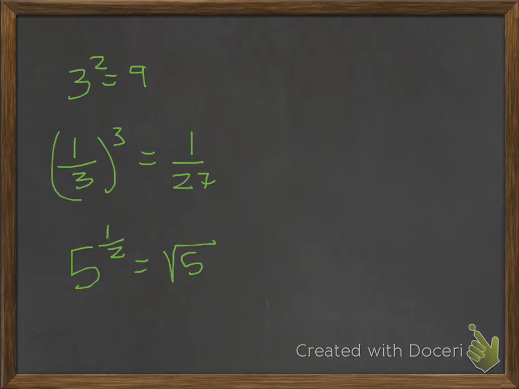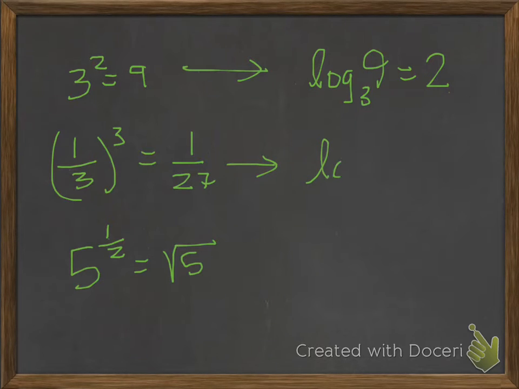Here I go. This one is log base 3 of 9 equals 2. Remember, a logarithm is an exponent, so it's the exponent I raised 3 to get 9, and that's 2. This one is log base 1/3 of 1/27.